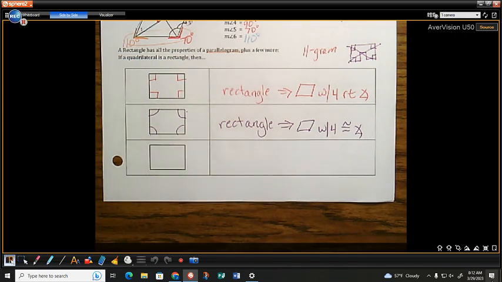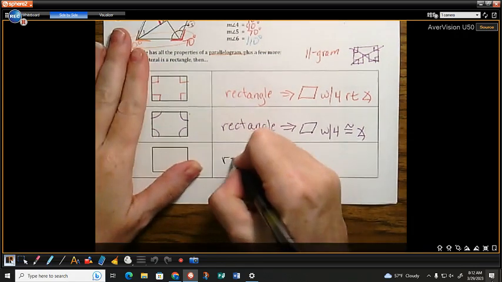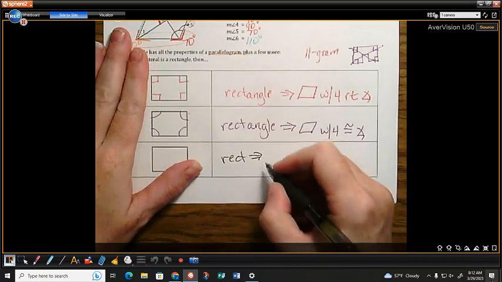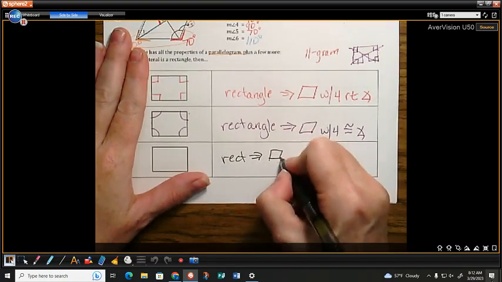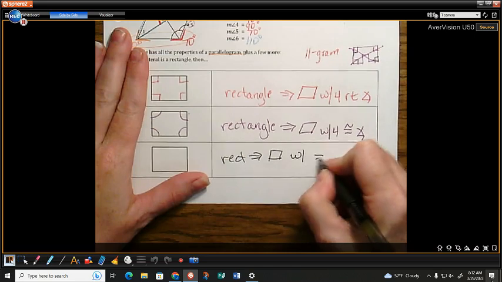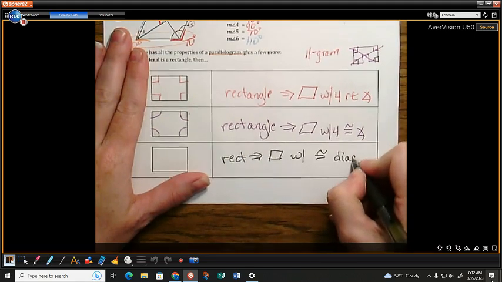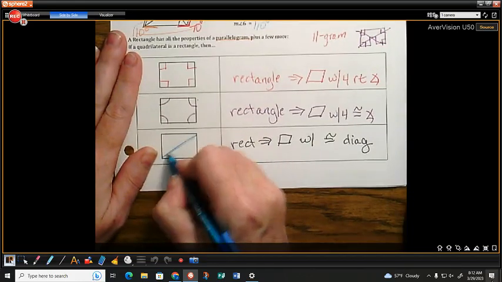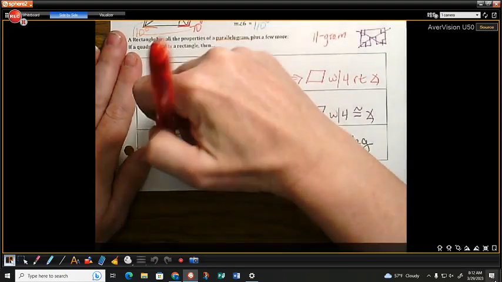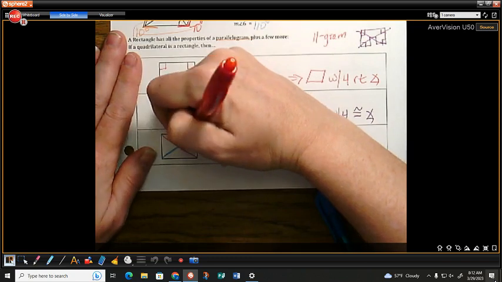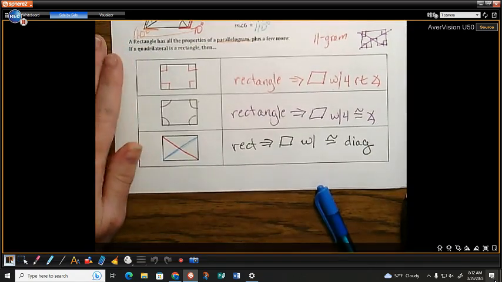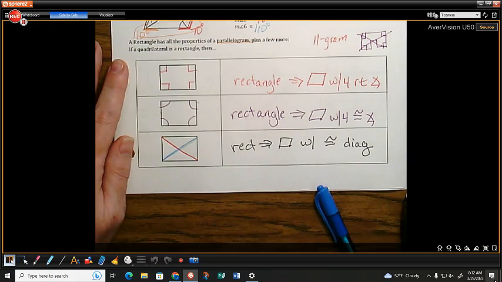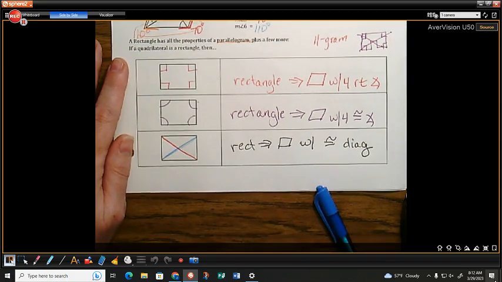So rectangles are the magical parallelogram that has congruent diagonals. This diagonal here is going to be congruent to this diagonal here. Wait a minute, when we had congruent angles and we bisected them, what was true about all the little halves?